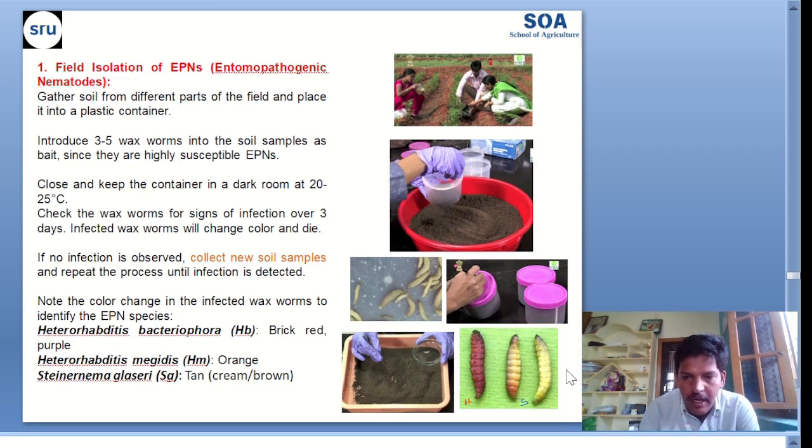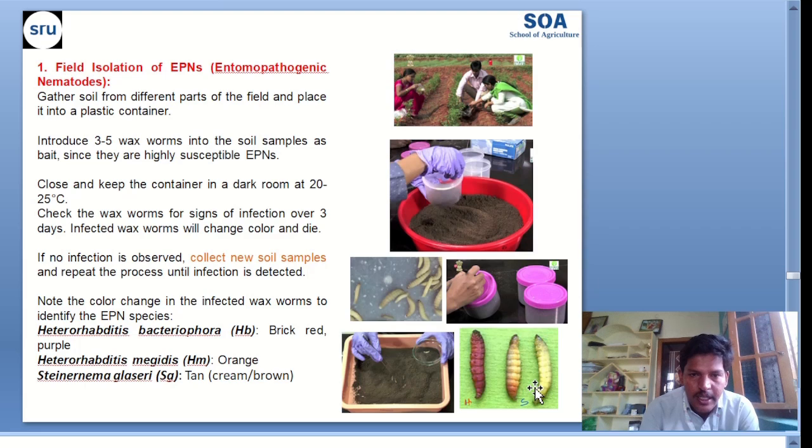For example, if the waxworm is infected with Heterorhabditis bacteriophora, it develops brick red or purple color. If it is attacked by Heterorhabditis megidis, it develops orange color. If it is attacked by Steinernema glaseri, it develops cream or brown color.